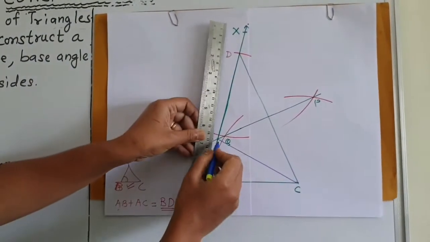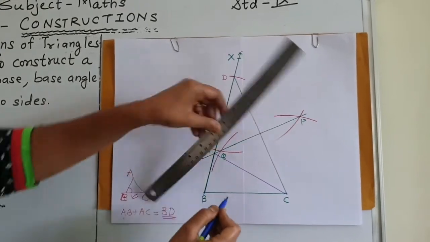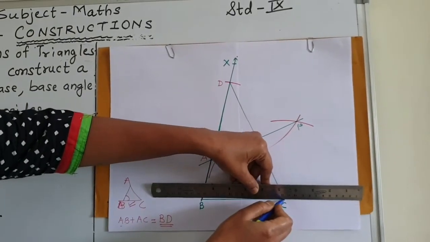So this is how we get our required triangle ABC.